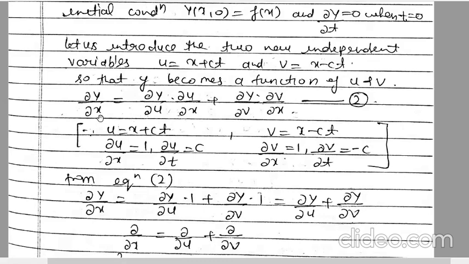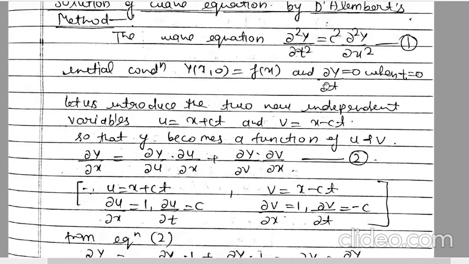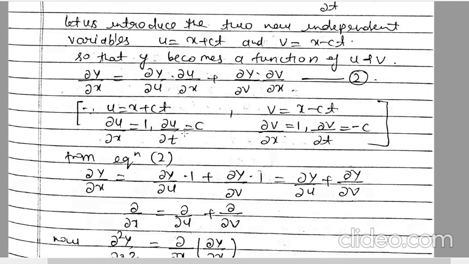So we need to calculate del y upon del x, del 2y upon del x2 and del 2y upon del t square, right? For the calculation of del 2y upon del x2, we need the first order derivative. So del y upon del x we can write as del y upon del u into del u upon del x plus del y upon del v into del v upon del x.